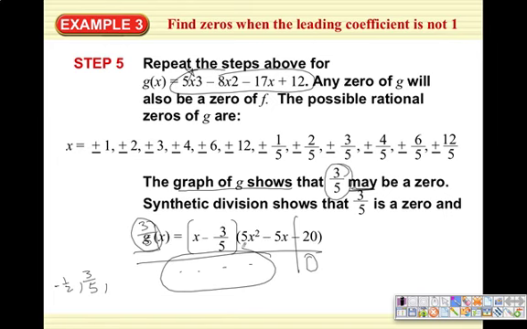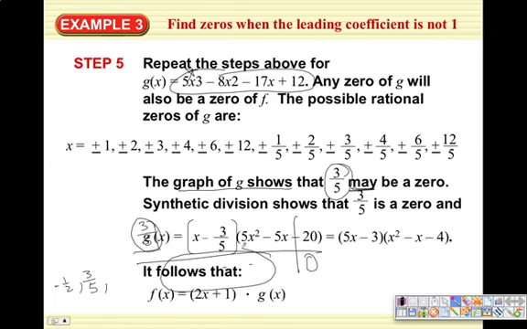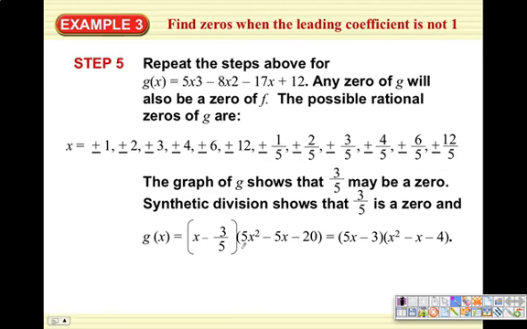So hopefully the next slide shows this, and it does right here. You would have left this. So let me do this real quick. 3/5 in the box. Over here should be 5x cubed minus 8x squared minus 17x plus 12. So 5 multiply, you get 3, you get negative 5.